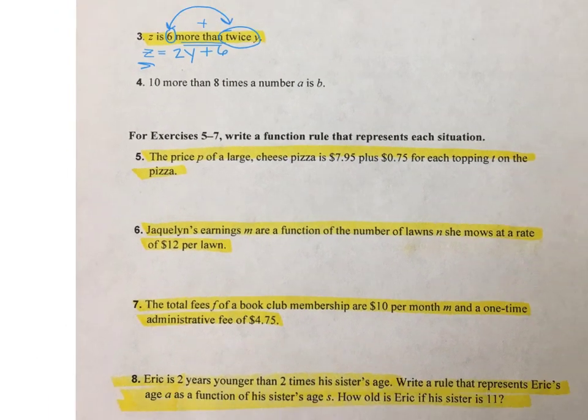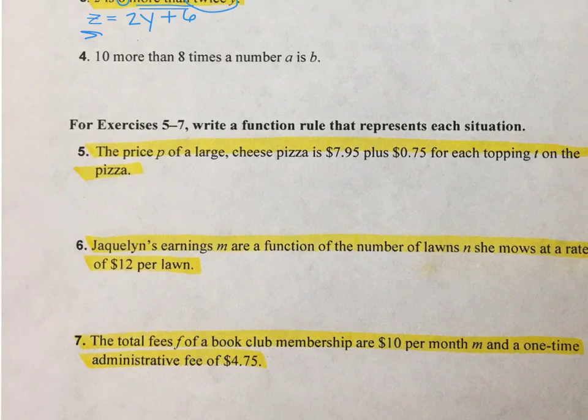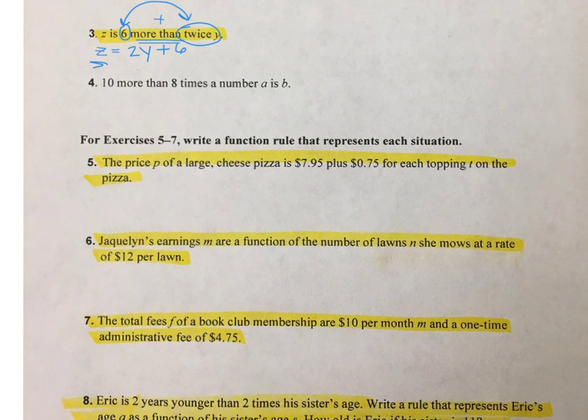All right. How about this one? Number 5, it says the price P of a large cheese pizza is $7.95 plus 75 cents for each topping T on the pizza. So the price P of a large pizza, we're just calling P. None of those other words change anything for us.